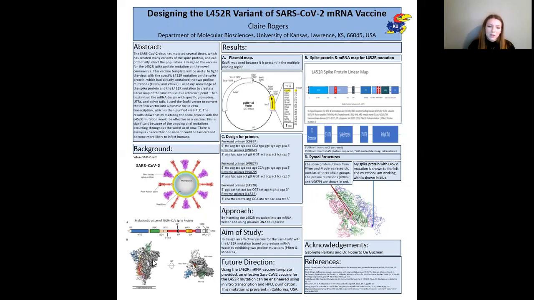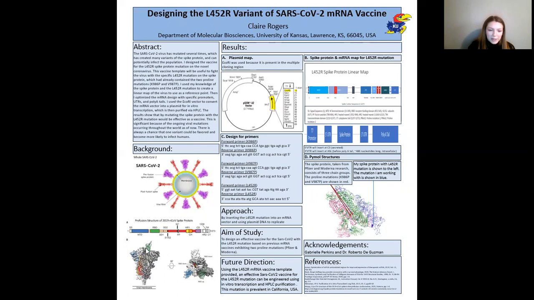This is why we want to find a vaccine that attacks the pre-fusion conformation, because then it stops everything from being infected and stops the viral genome from replicating. And you can see the pre-fusion conformation here at the bottom.